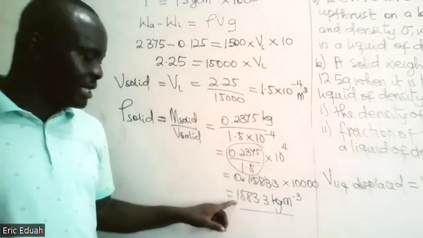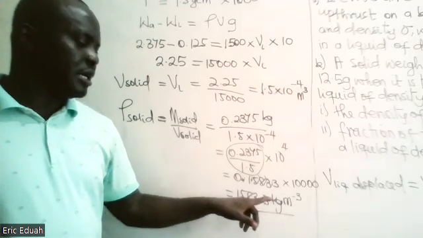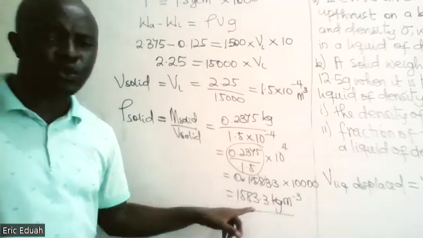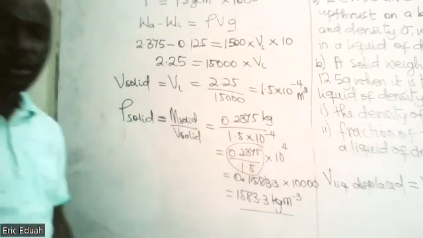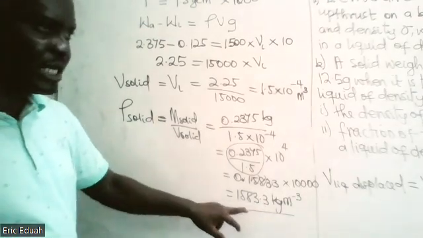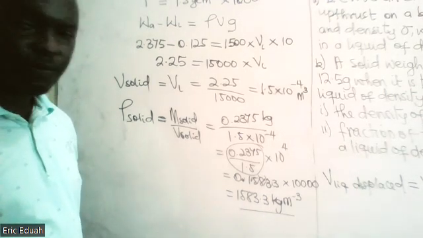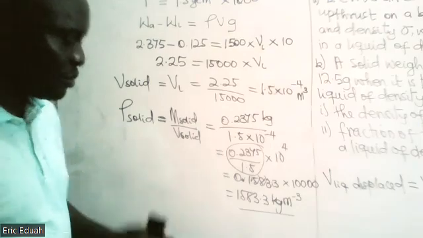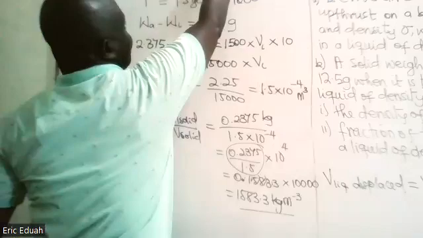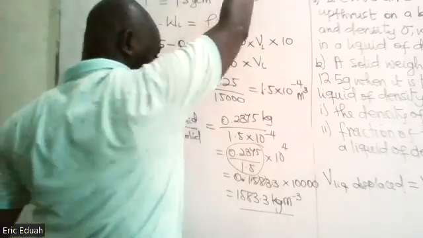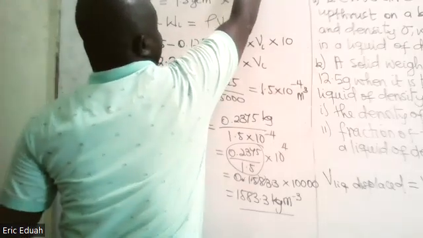If the density of the solid is 1583.3 kilogram per meter cube, what will that be in gram per centimeter cube? 1.5833 gram per cm cube.